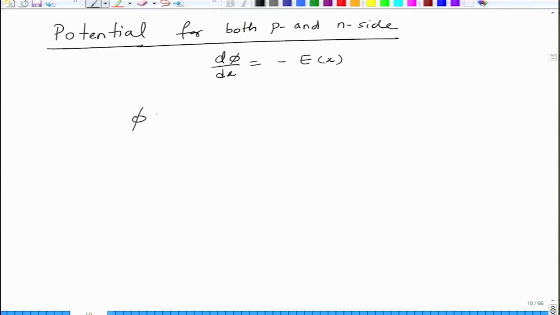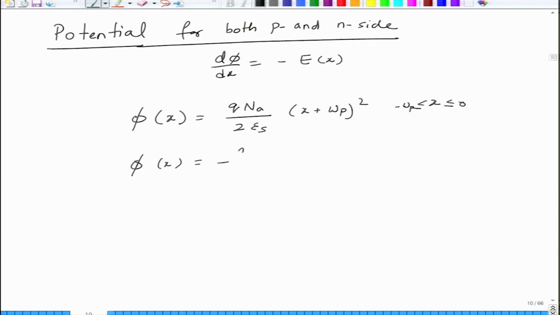I will not do that, but you will obtain for the p side phi(x) as Q Na divided by 2 epsilon S into x plus Wp squared, valid for x between minus Wp and 0. And for the n side, you will obtain phi(x) as minus Q Nd divided by 2 epsilon S into Wn minus x squared, plus Vbi.